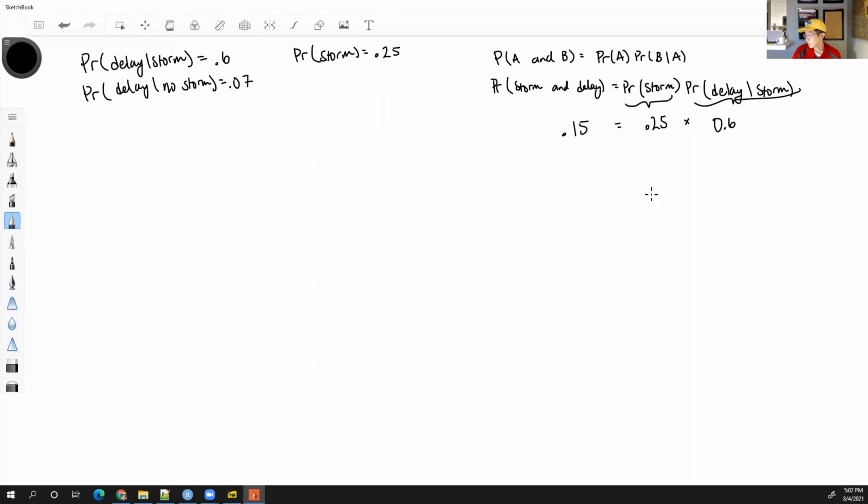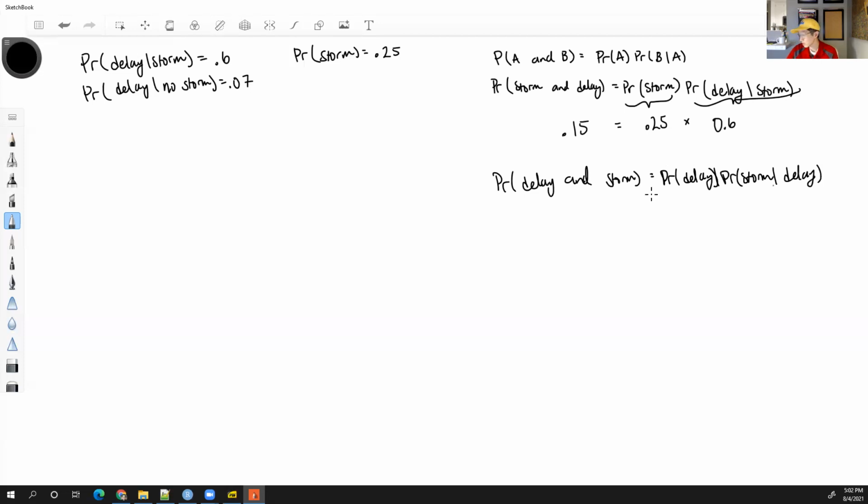Now, if you made a mistake, and it's hardly a mistake, what if you wrote it this way: probability of delay and storm, multiplied as the probability of delay times the probability of storm given delay.